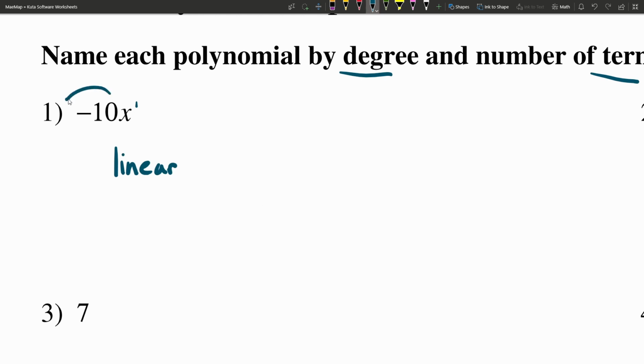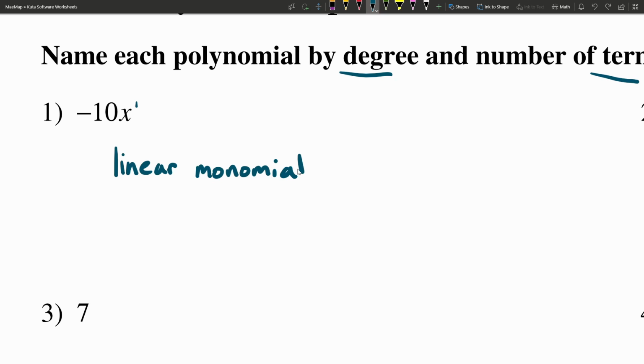And you can see there is one single term, therefore this is a linear monomial. Again, linear takes care of that degree of 1, and monomial means that our polynomial has only one single term.